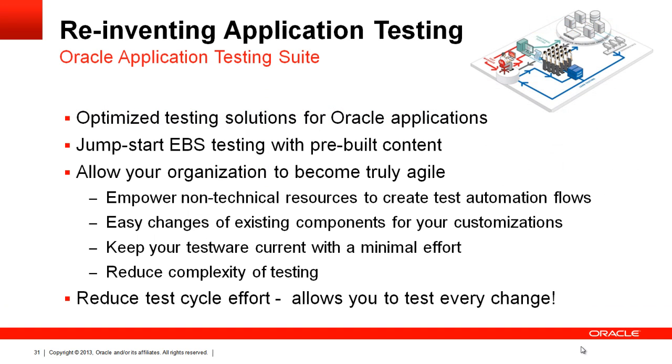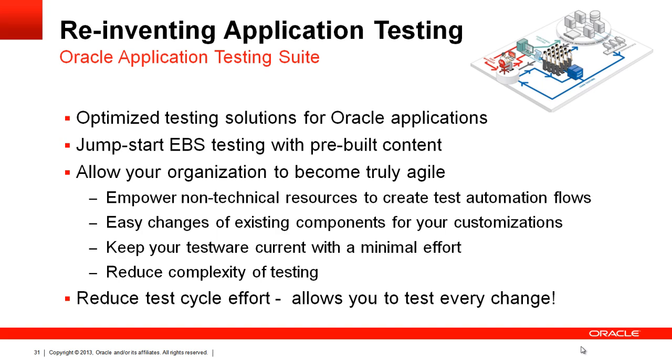Oracle Application Testing Suite helps you to reinvent the application testing for Oracle E-Business Suite. It offers an optimized solution for Oracle applications. It helps you to jumpstart EBS testing with the predefined content. And it allows organizations to become truly agile. It empowers non-technical resources to be part of the testing. It's easy to work with. It's easy to maintain components and create them.